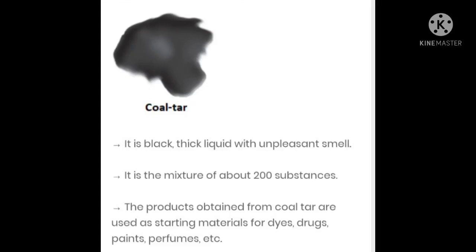The next substance obtained from coal is coal tar. Coal tar is a black thick liquid with an unpleasant smell. It is a mixture of about 200 substances.